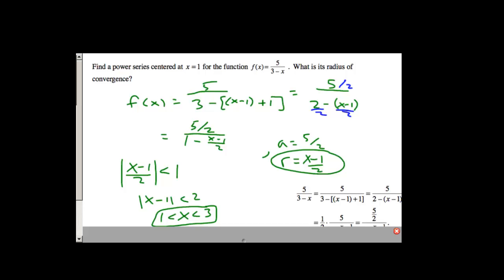Small little mistake here. This should be a negative right there. So that should be a negative 1. And we see that our radius of convergence equals 2.